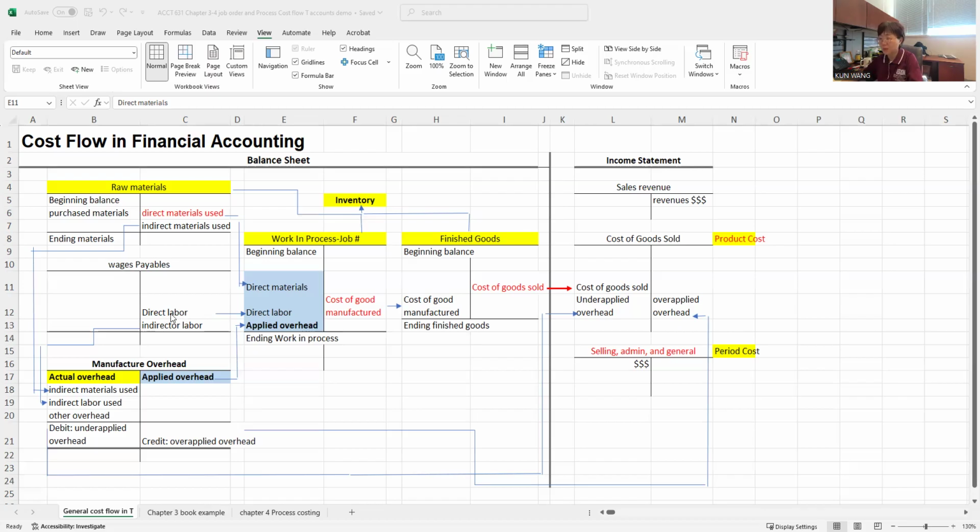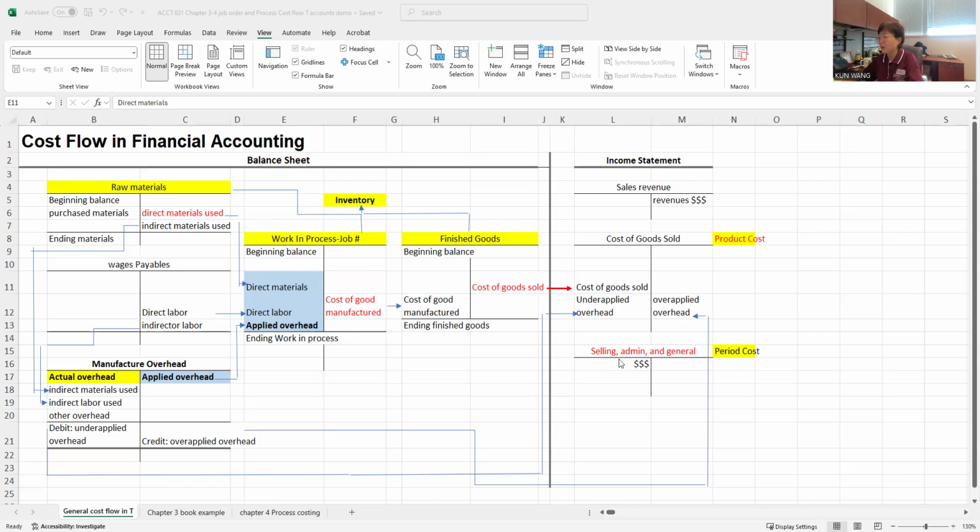Okay, we can have direct labor, the assembly workers, or indirect labor, such as the maintenance people and factory supervisors; their salary will be captured by the manufacturer overhead.